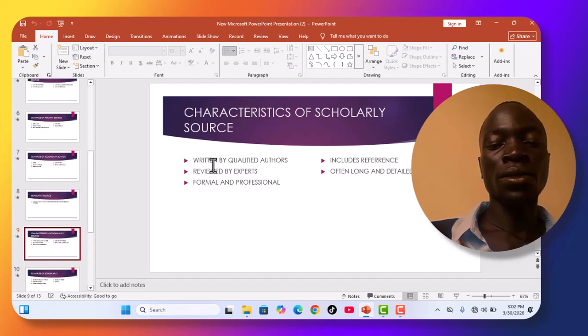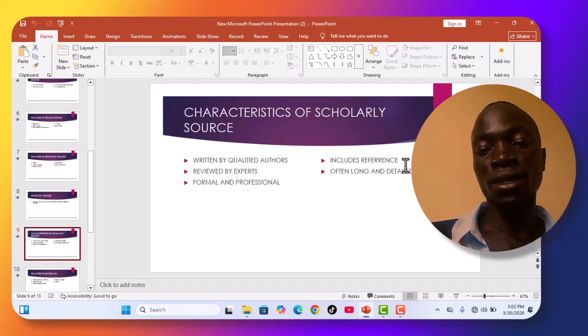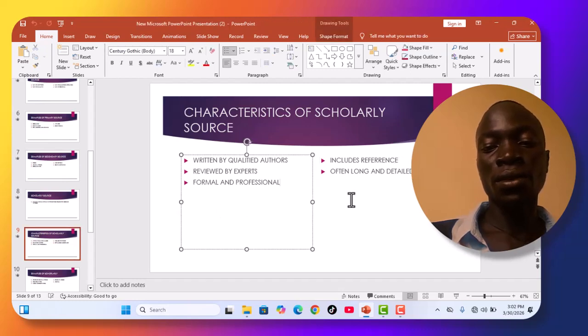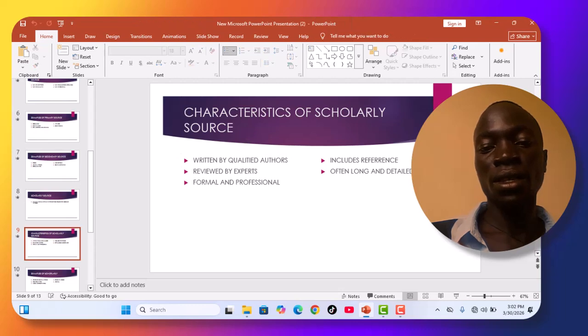As I said, it is written by qualified authors, people who have now qualified and they find that they are capable of doing such. Then it includes references. So you may be in a group or a team of people who are capable of writing a book. Then finally you get your own references that you will write.